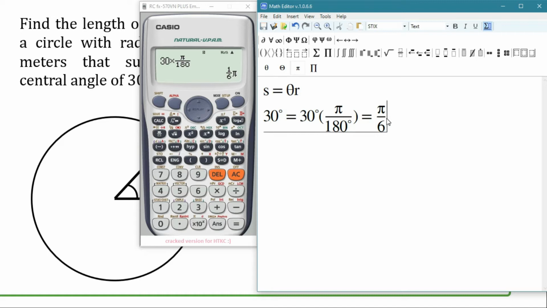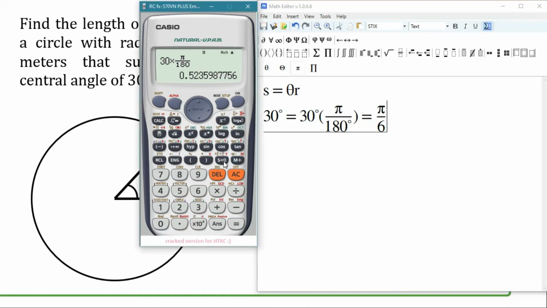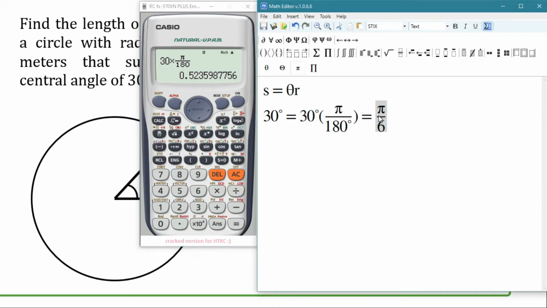But you can actually have the exact value as 0.5235 and so on. But then again, you can express the measure of the angle in radian measure in terms of pi. So we have here the value of our theta, or the angle measure, as pi over 6.